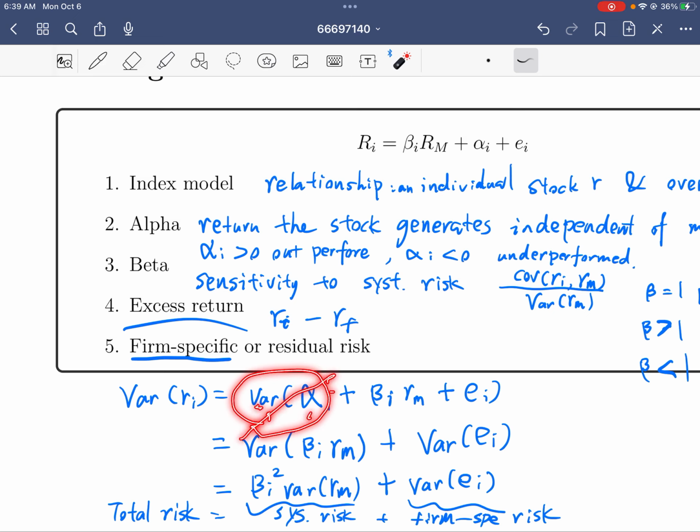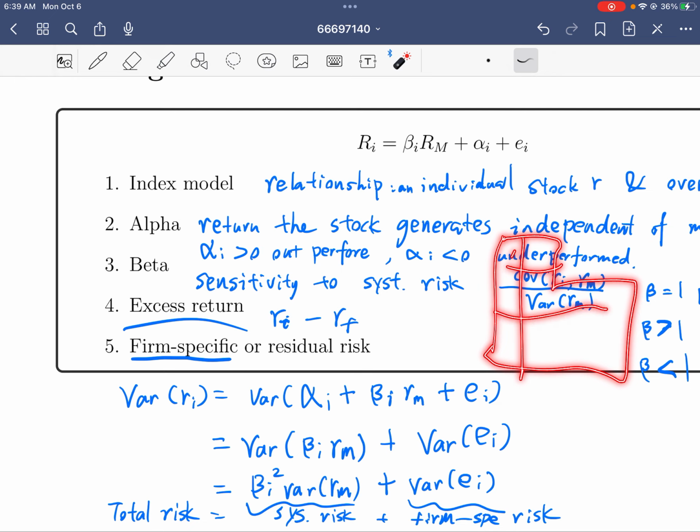The variance of a constant always equals 0, so we drop the alpha here. For beta times market return, the beta is also a constant we find from the regression table.